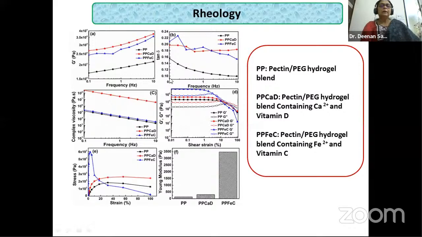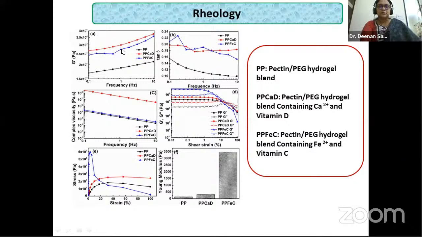Coming to the other properties with frequency variation, we could find G prime. The modulus of the PPCAD sample is more, that means its elastic property is more.